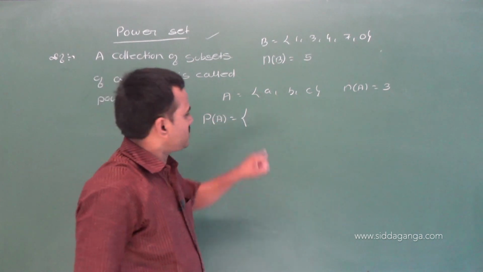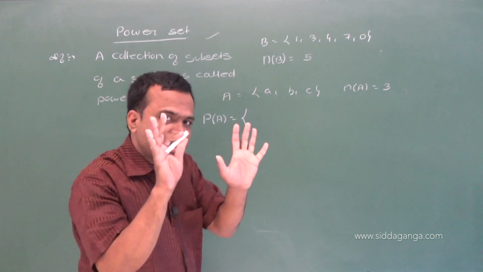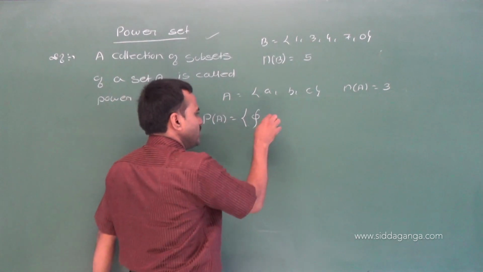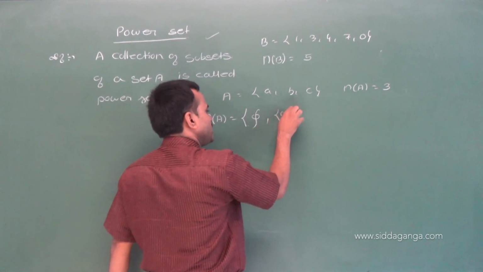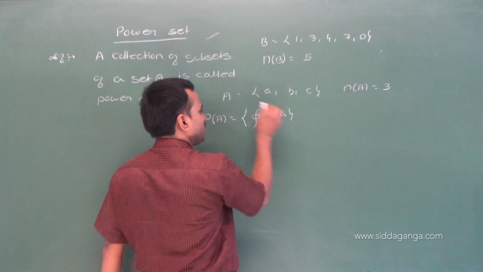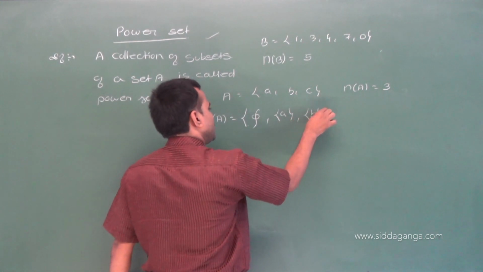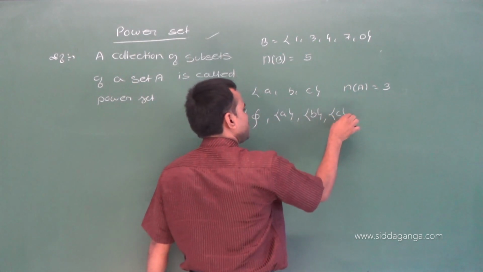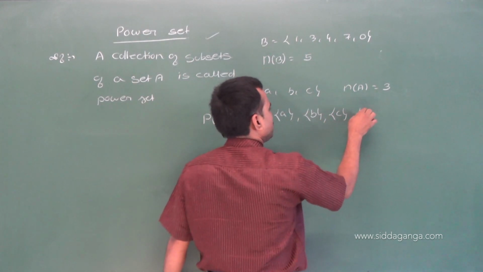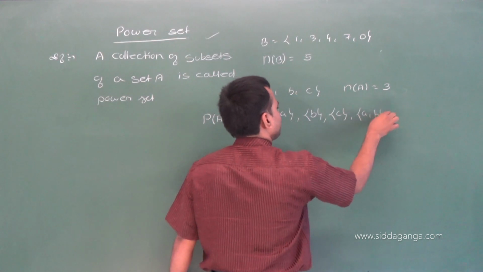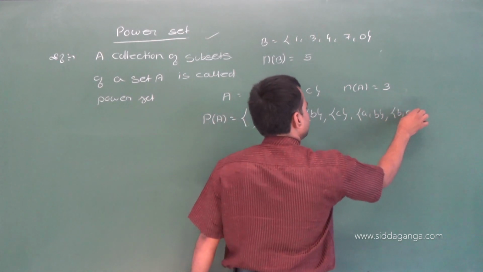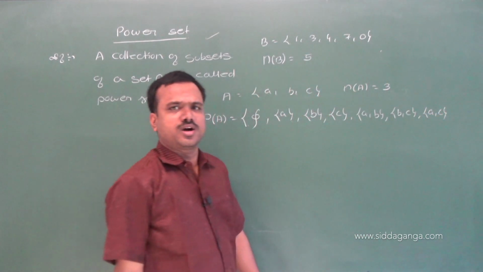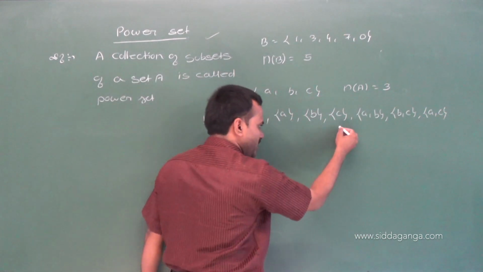In P of A set, each element is nothing but a set. Empty set. First one is over. So the sets containing single elements are there. {A} is also a subset of A. The set containing single element B is also a subset of A. The set containing C is also a subset of A. 2 elements are there, {A, B}, then {B, C}, then {A, C}.